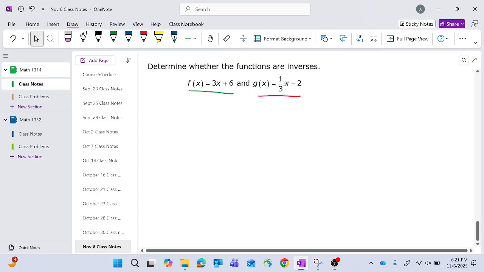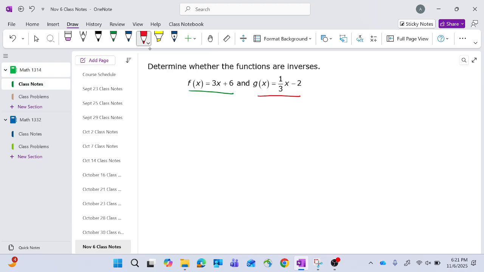So f of x is going to be green, g of x is going to be red. So I want f of g of x, I want this to equal x. And I also want g of f of x to be x. Okay?